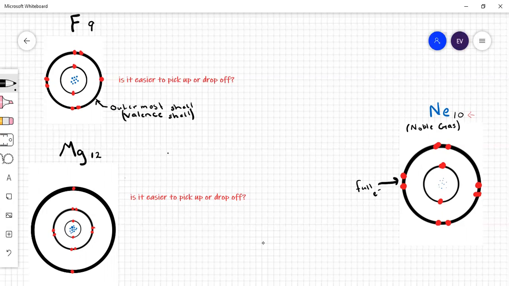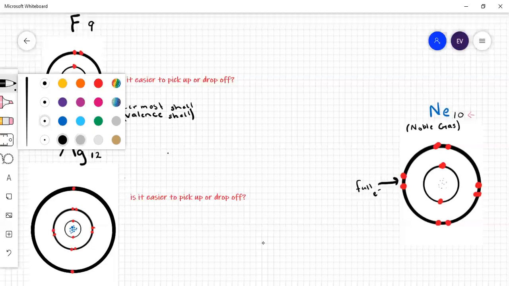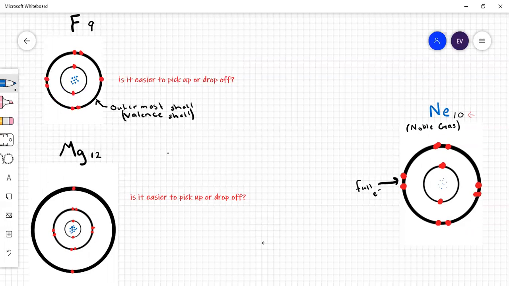So neon has 8 electrons, right? And it has a full shell. Now, why this is important is this, okay? I want you guys to take a look at this. Fluorine has 9 protons. We said that already, right? 9 protons.